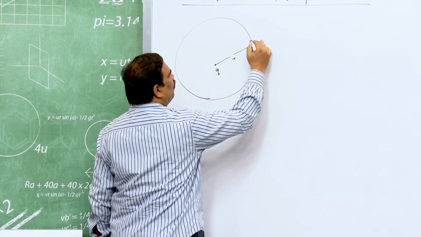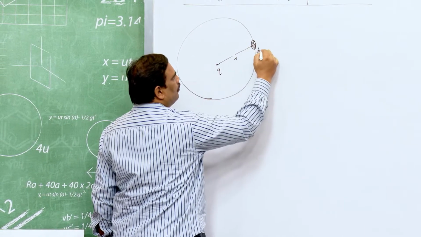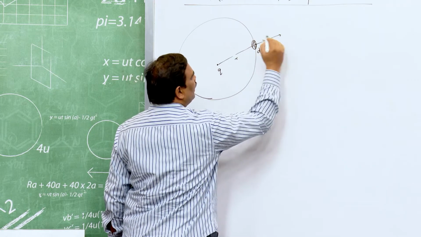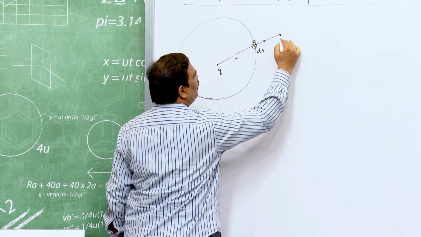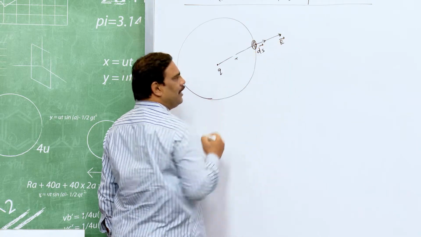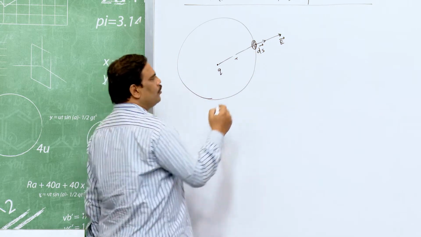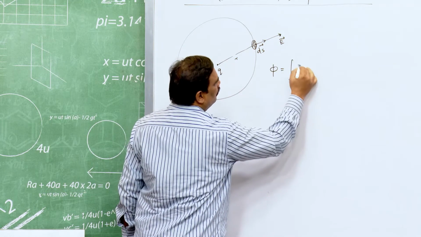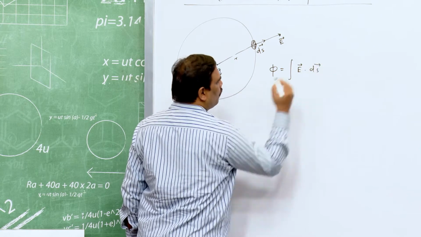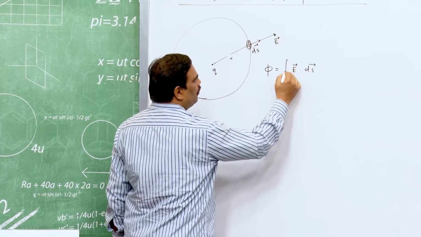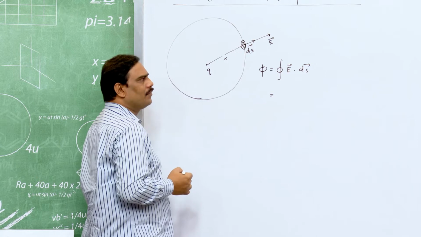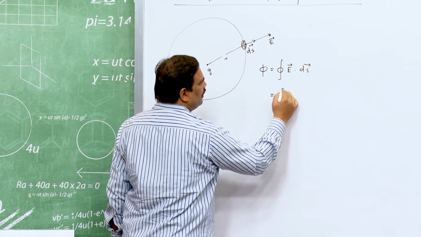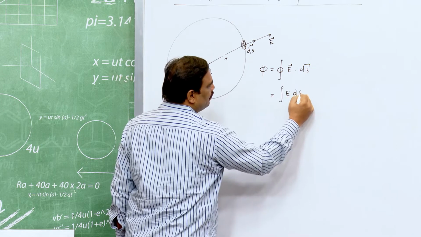Now, consider a small area element; the direction of area and electric field are both in the same direction. So, flux phi is integration E dot ds over the closed surface. Since E and ds are in the same direction, it is integration E ds.